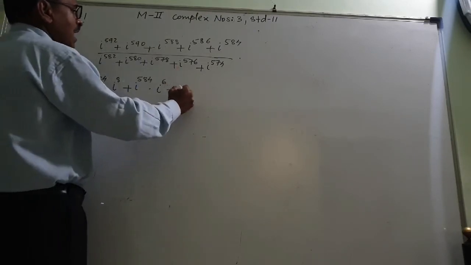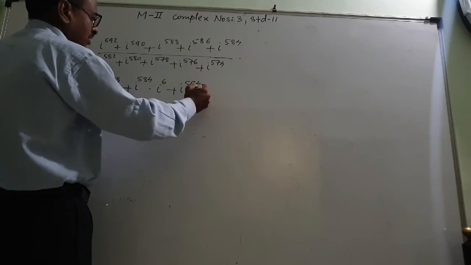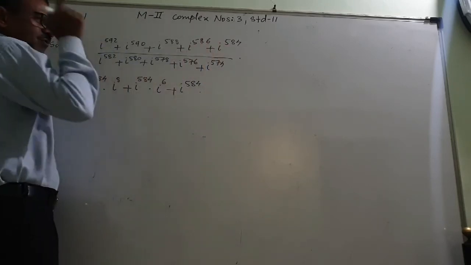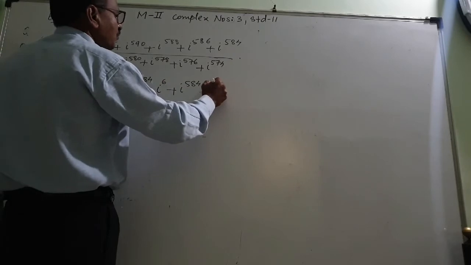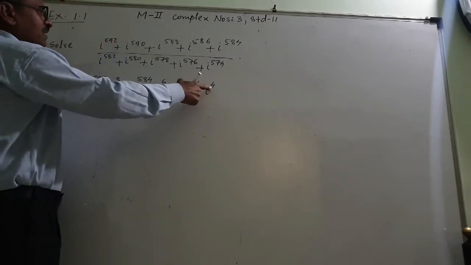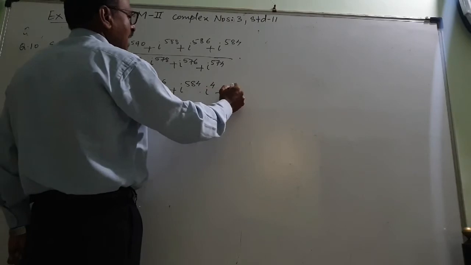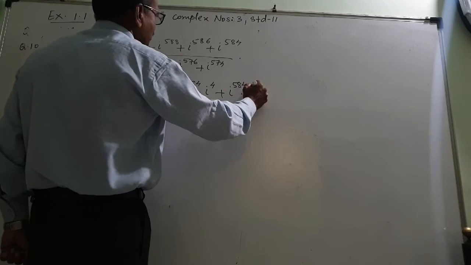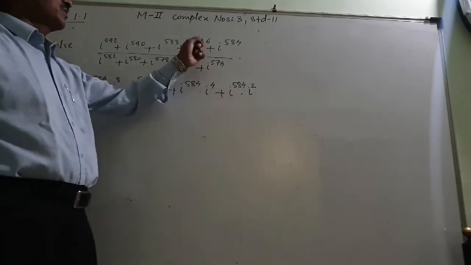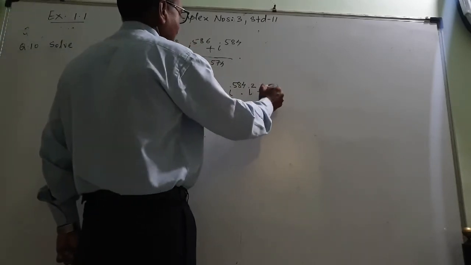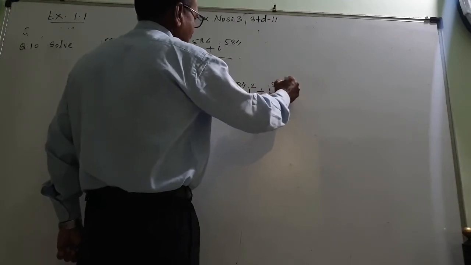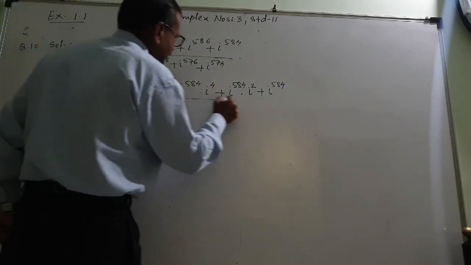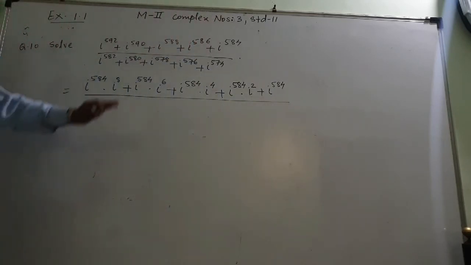Now for this, i raised to 584 into this power only I am going to take, from 8 into i raised to 4, 584 plus 4, 588, plus i raised to 584 into i raised to 2, 584 plus 2, 586, plus i raised to 584. The numerator is what? The scholar students can take directly common 584. But the general students won't understand, that's why I am just splitting it up.